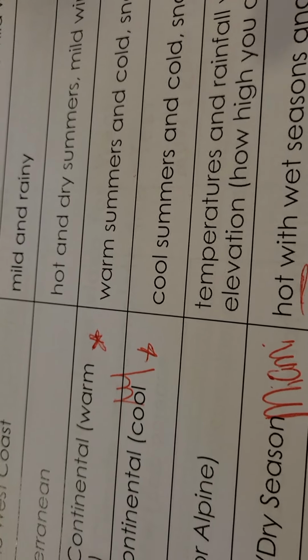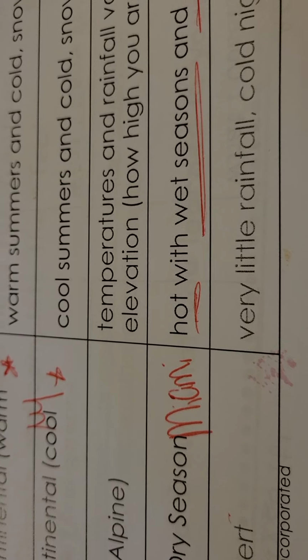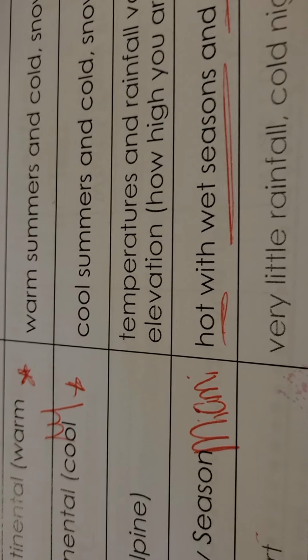You can see there's very little rainfall, cold nights, hot days. So you're going to look back and forth between the map and the descriptions so you can get an idea of what the different climates are in New York State and Florida and Texas and California and across the U.S.